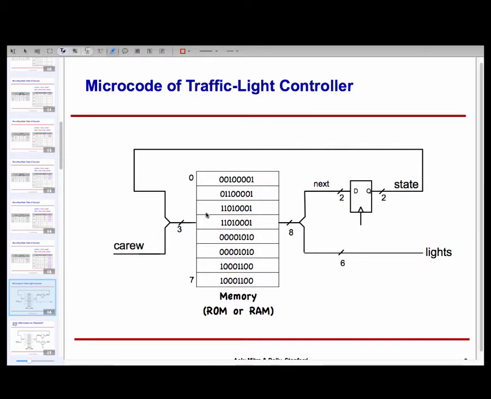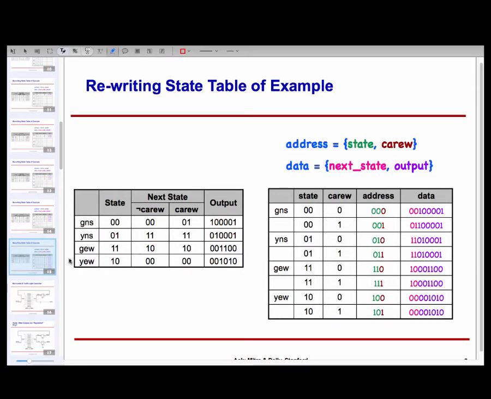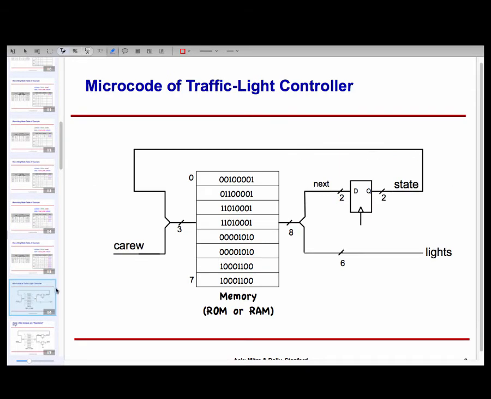Where I had the combinational logic before, now I have a memory with this content. It has 3 bits of address, so it has 8 locations, and the contents of this memory are the ones which we just decided. We literally take these contents and put them out here. And then I have the 2 bits of state register, and I have 6 bits of output which is going to the light.